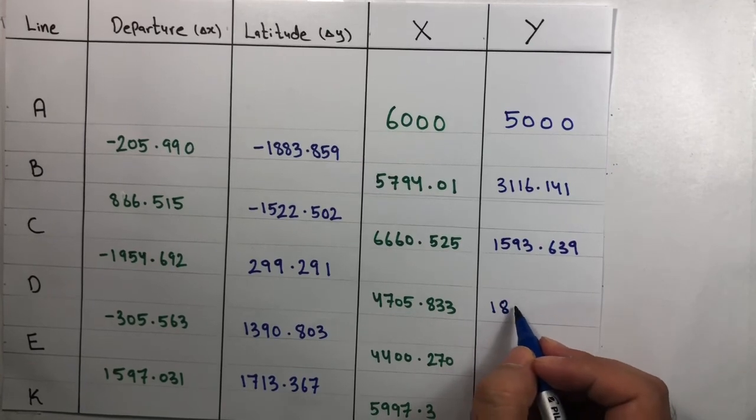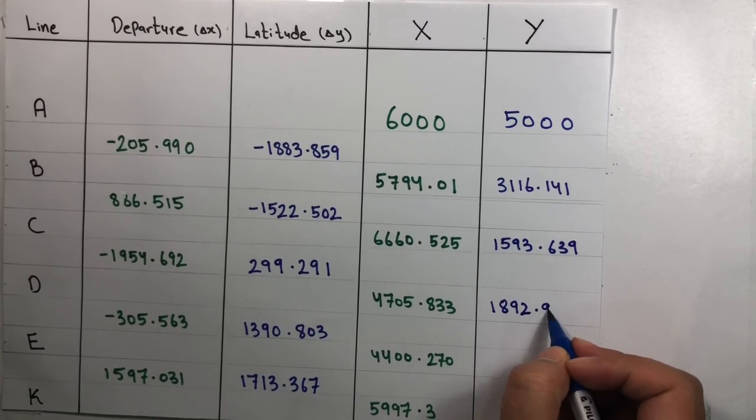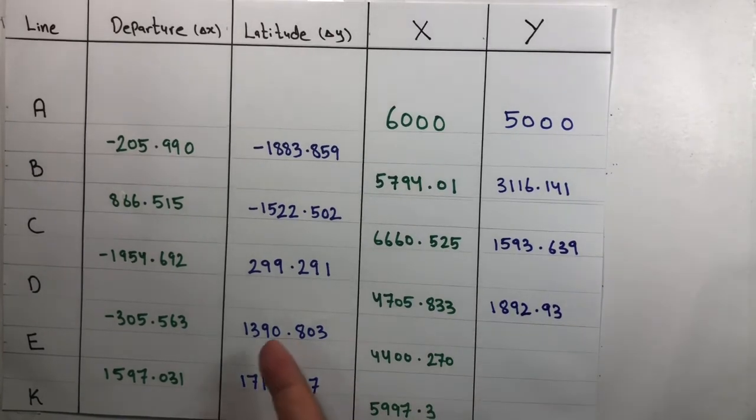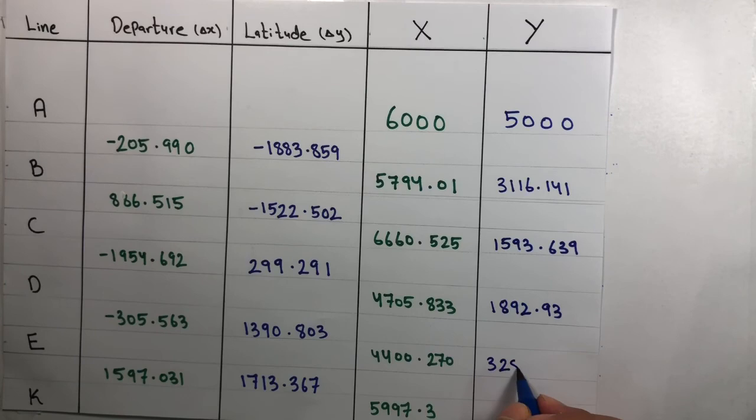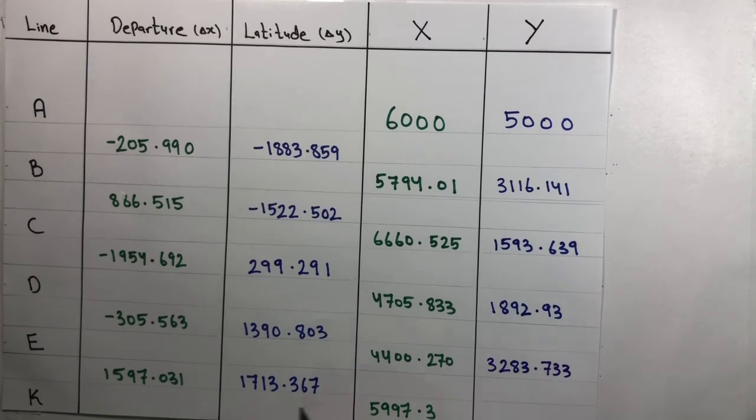We'll get 1,892.93 plus 1,390.803. We'll get 3,283.733 again plus 1,713.367. We will get 4,997.1, and this is also the exact value which was given as a benchmark in our question.